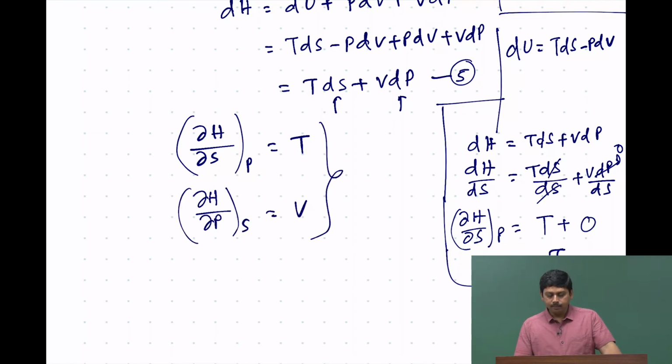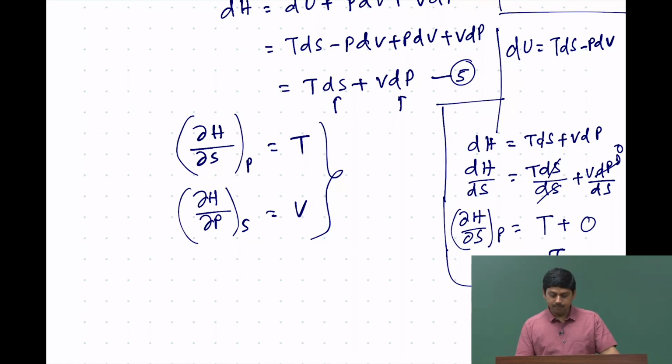So, you see that we are getting completely different thermodynamic quantities using different expressions. For example, here we find that if we change the pressure and we see a change in the enthalpy when the process is done in a reversible adiabatic condition, or isentropic condition, then that is nothing but the volume.